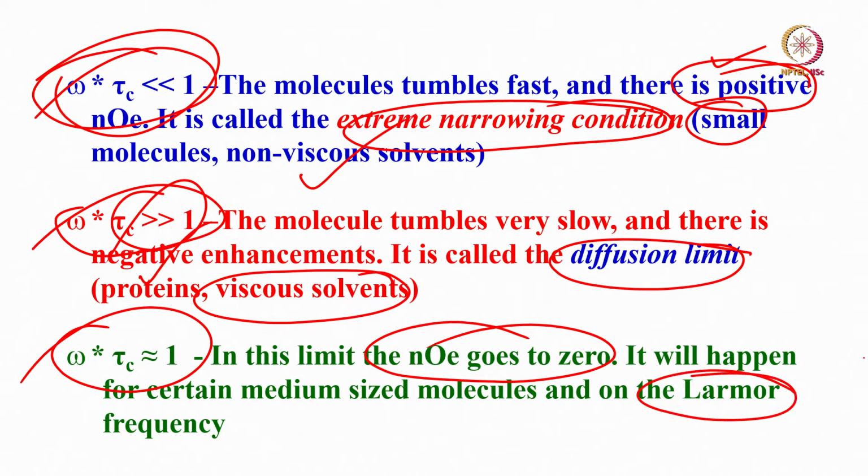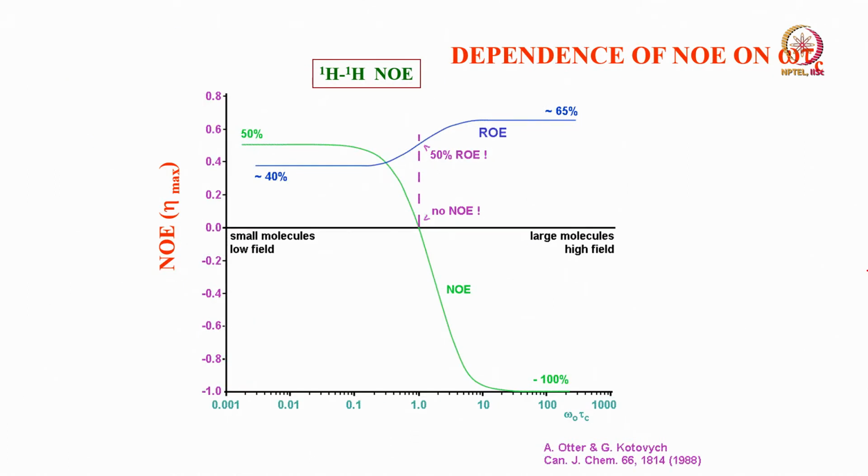This can happen when tau c is approximately equal to the inverse of the Larmor frequency, then omega tau c turns out to be 1. With such a medium sized molecule you do not see NOE at all. So omega tau c equal to 1 is a situation where NOE goes to 0.